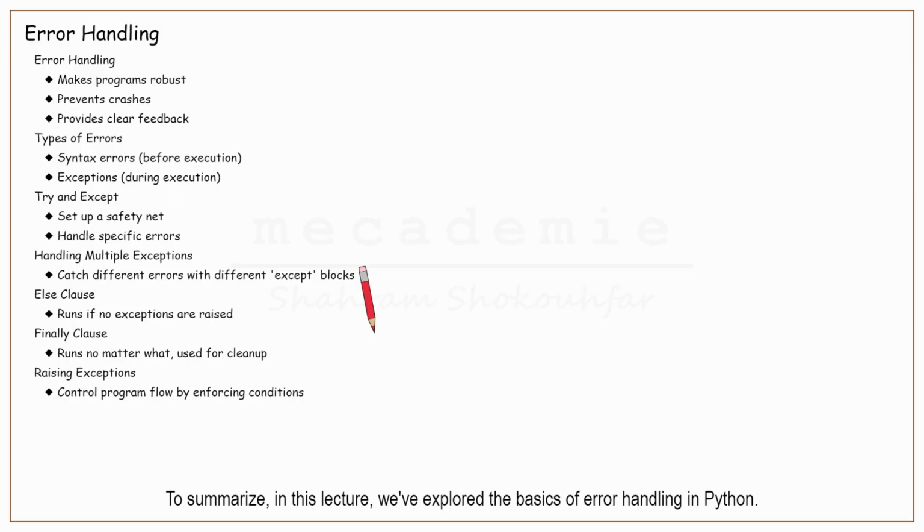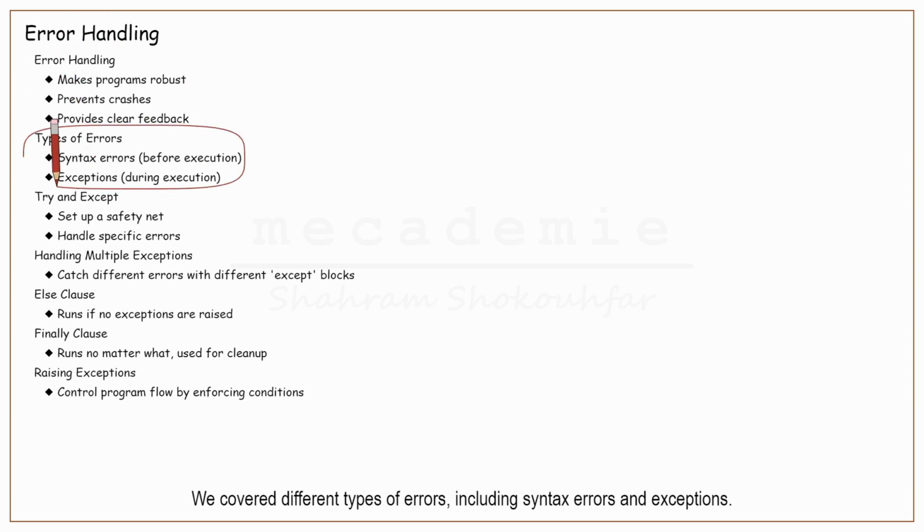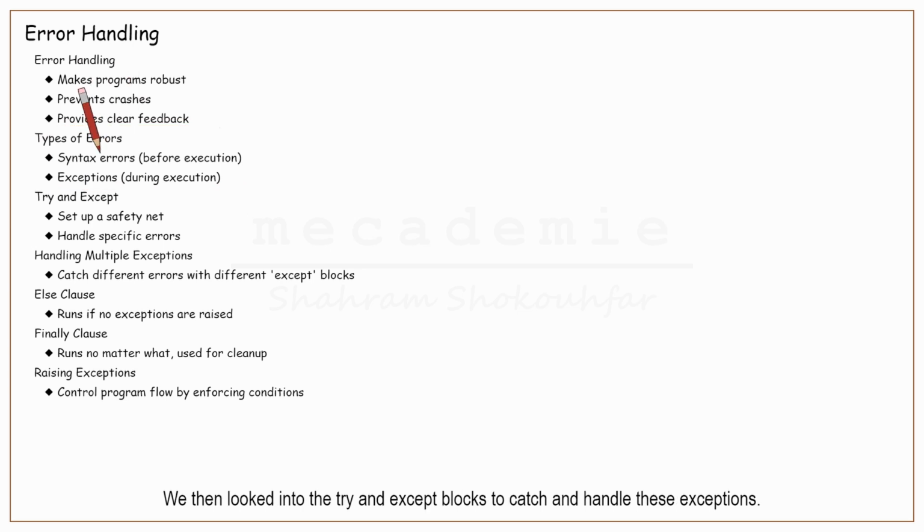To summarize, in this lecture, we've explored the basics of error handling in Python. We started with the importance of error handling to prevent program crashes and make our programs more robust. We covered different types of errors, including syntax errors and exceptions. We then looked into the try and except blocks to catch and handle these exceptions.